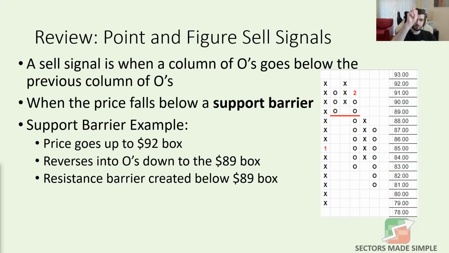The price rallies and goes back up. And now we get that support barrier set. So that red line is now our support barrier. It's where we made it to last time, and that's where it stopped. So now the price goes back up.